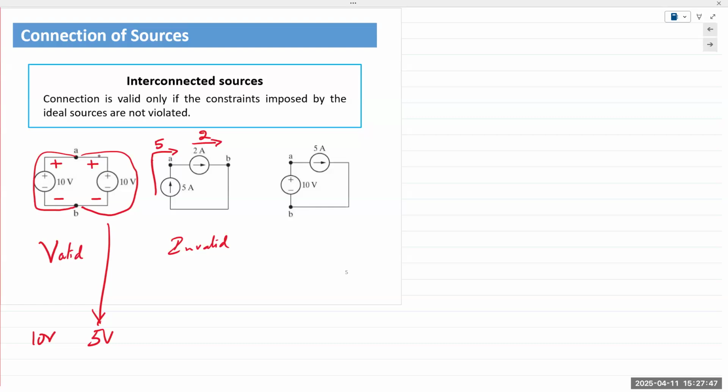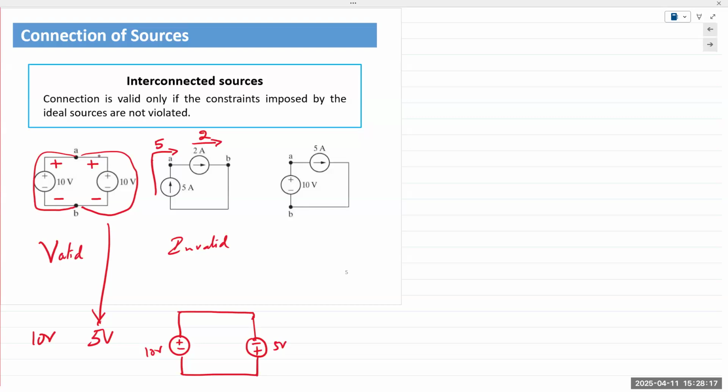So that's again a good question. The question being asked is, if we had a connection like this, 10 volts, and then something like this, 5 volts, polarity opposite, right? If we connect it like this, that would be invalid because it's trying to, well, the magnitude, that's actually a good question. It's a series connection.